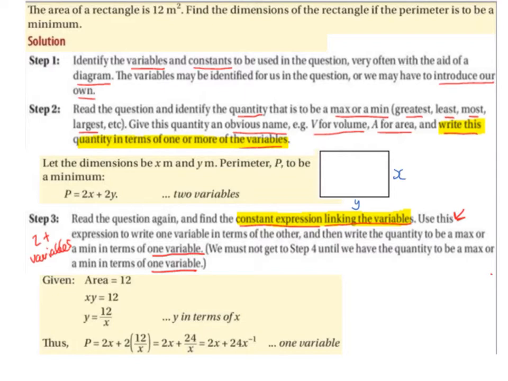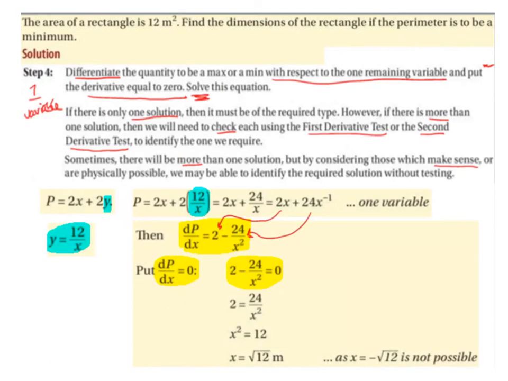If the perimeter had already been written in terms of one variable, we would not have had to do step 3. We could have gone straight to step 4. Step 4: differentiate the quantity to be a max or min with respect to the one remaining variable, put the derivative equal to 0, and then solve the equation.